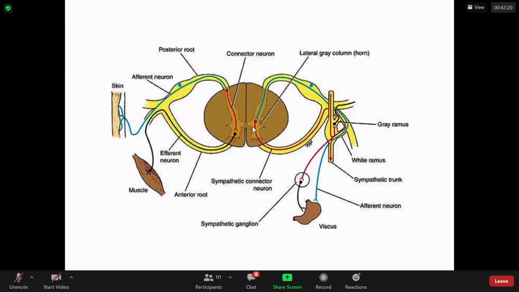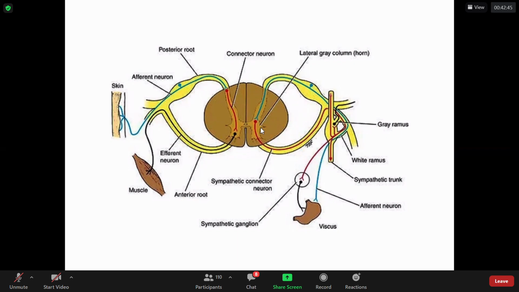See, this is the lateral horn in the thoracic and lumbar region. The sympathetic system is called thoracolumbar outflow. That means the outflow is from thoracic 1 to lumbar 2 level.